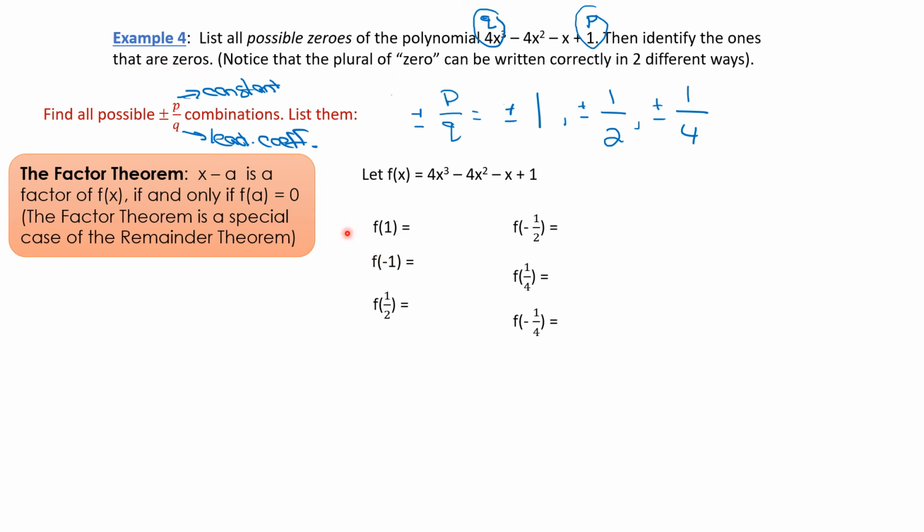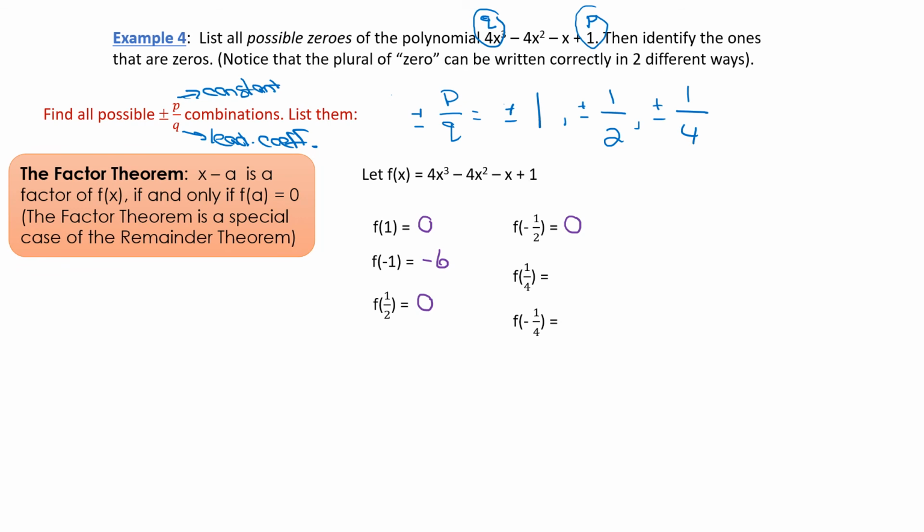I'm just going to practice again with the factor theorem, but remember, you only need to do this until you find 1 that equals 0. As soon as you get one of these to equal 0, then you can go to your division and finish your question the way we've done in the past. But we'll go ahead and try to sub in a few. So I want you to press pause here and do these calculations, and when you're done, press play.